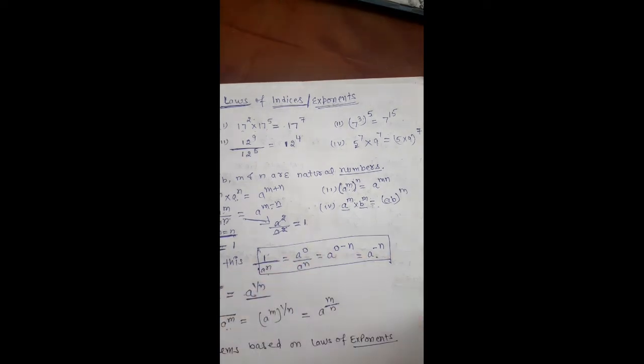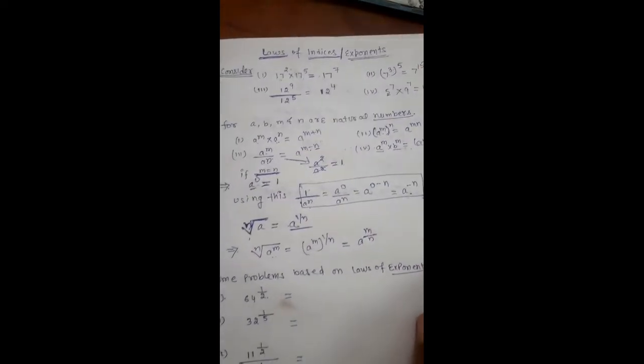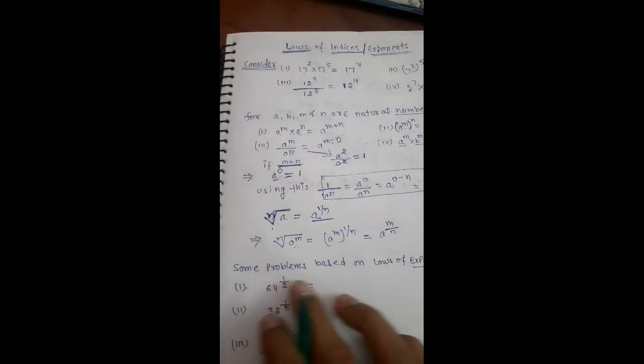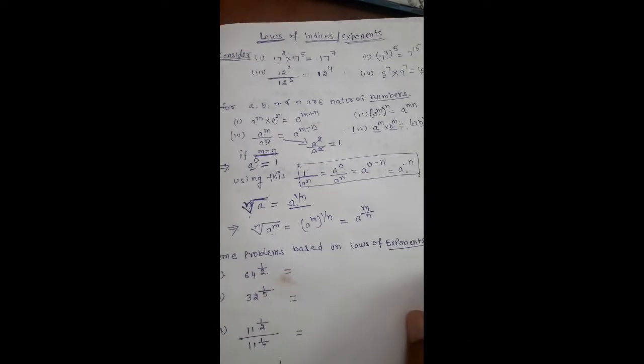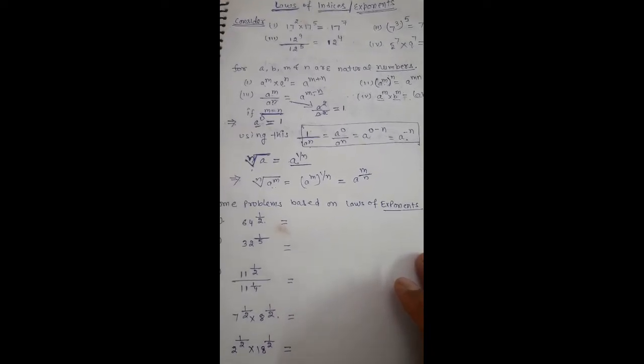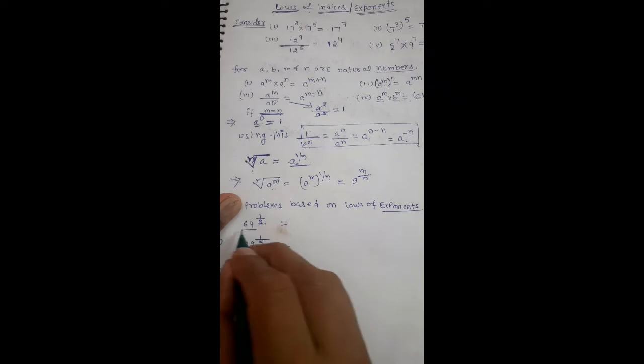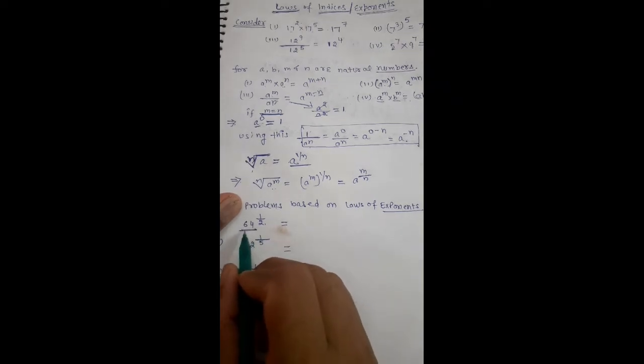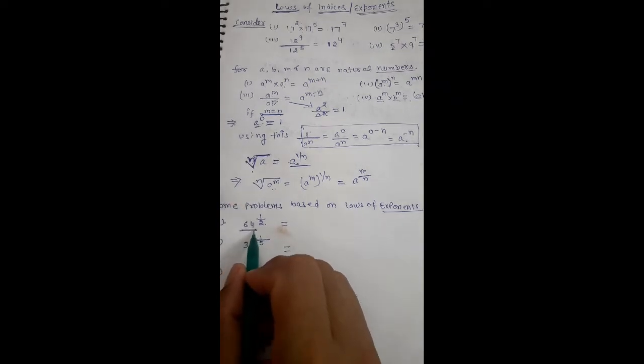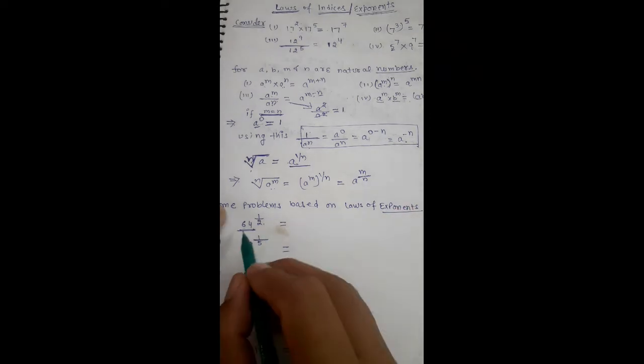So on the basis of this, there are some simple problems based on laws of exponents. These are the simple problems which I used here, and I want to solve these for you. So how do you solve this problem? As you know, 64 you can directly write as 8 to the power 2, but if you are not able to write 8 to the power 2 as 64, then what can you do?